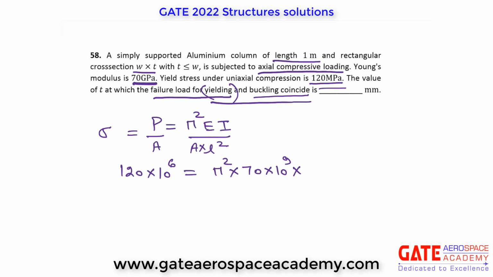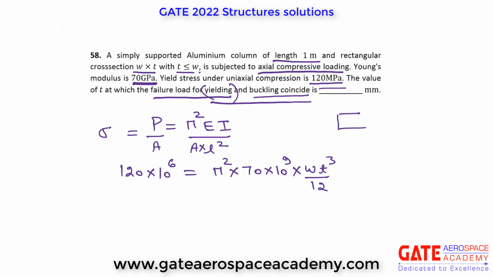In buckling, the moment of inertia is the least moment of inertia. Here it is clearly mentioned that T is less than equal to W. It means least moment of inertia will be W into T cube upon 12, right?